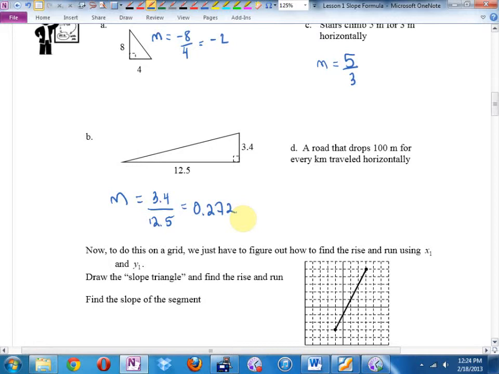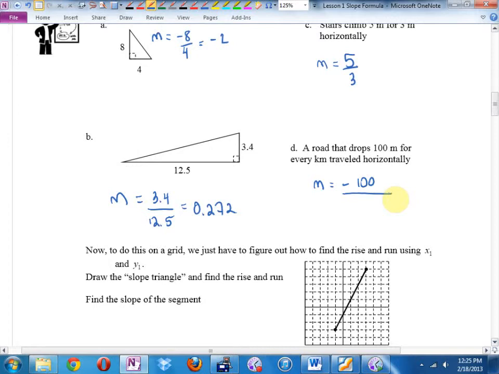D. Positive or negative slope if you read D? Ah, drops. There's a word that implies going down, yes? What's the negative? What's the rise? What's the run? Careful, it's not 1.